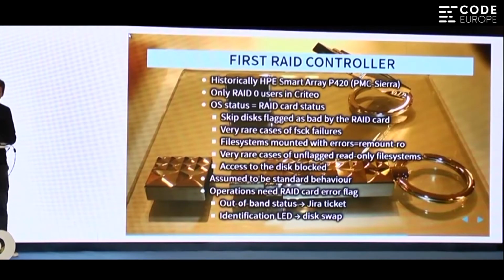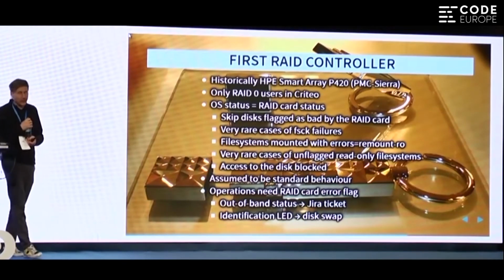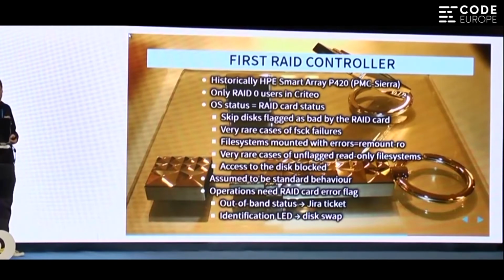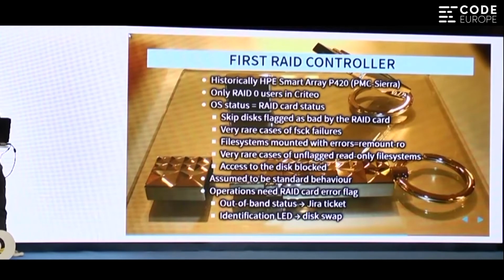So this is one of the other problems we had. In the original cluster, we were using a RAID controller made by HP, which, because this was the only one we'd ever used, we thought was just how RAID controllers worked. So we use RAID 0 because HDFS Hadoop provides redundancy at an internode level, not disk by disk on the same machine.